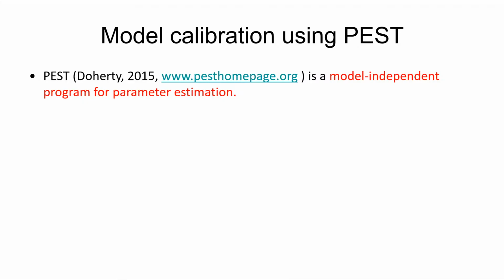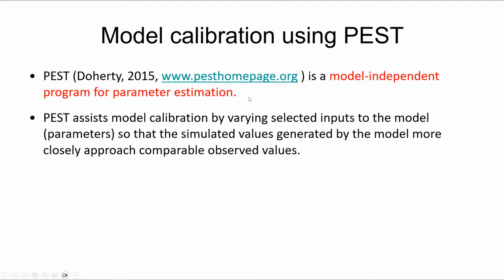Or you can do it automatically, using an optimization algorithm. And that's what BEST does. BEST is a software that has optimization algorithms for calibrating your model. Let's read this: BEST assists model calibration by varying selected inputs of the model.